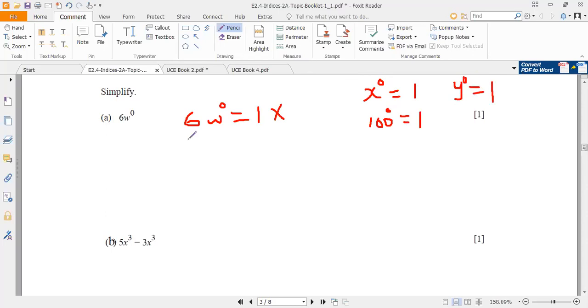So if I give you 6w to the power of 0, you're multiplying 6 with w to the power of 0. But remember, any number to the power of 0 is 1. So this is the same as 6 multiplied by 1, which is 6.